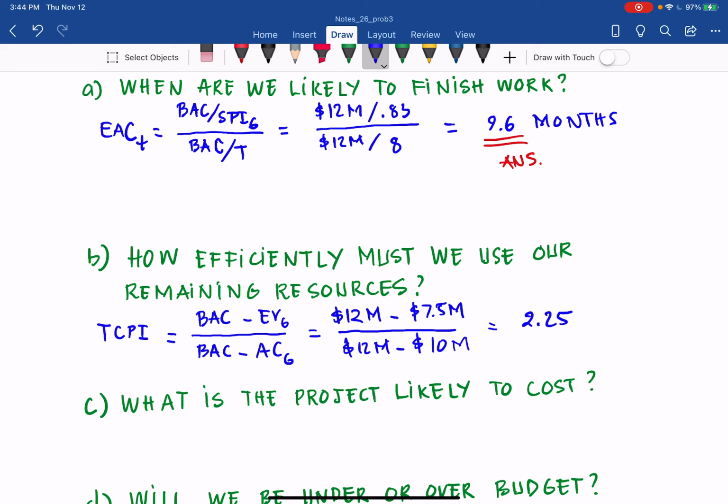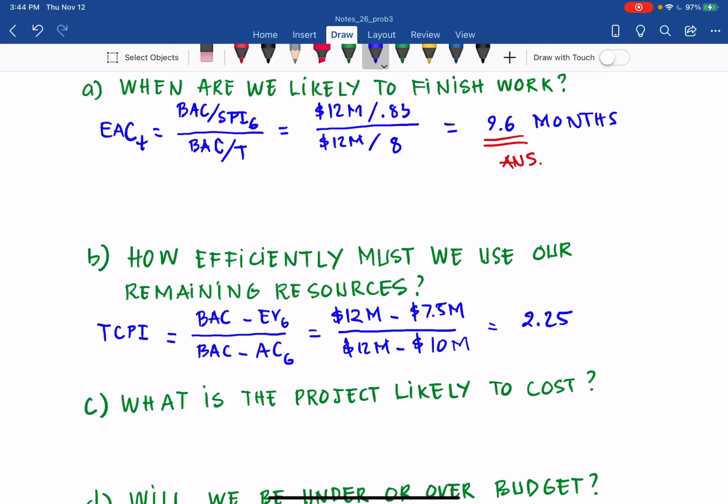What does that mean for this one? How efficiently we are using our remaining resources, and that number is 2.25. What does that mean? It means that for the project to achieve the budget at completion, 12 million, to make sure the project is on budget, the performance must be improved from the CPI of 0.75 at 6 months to a TCPI of 2.25 for the performance of the remaining work.